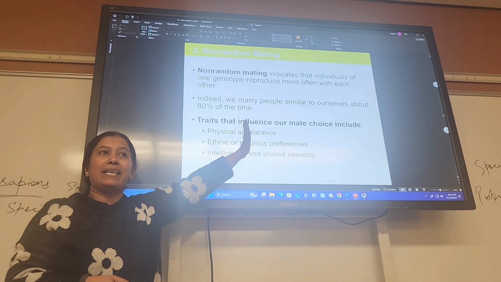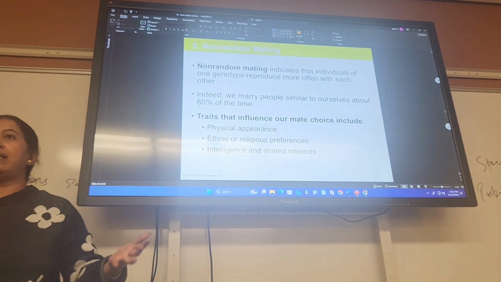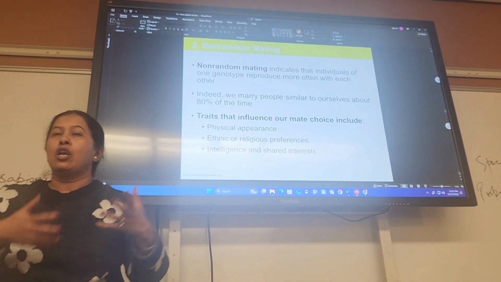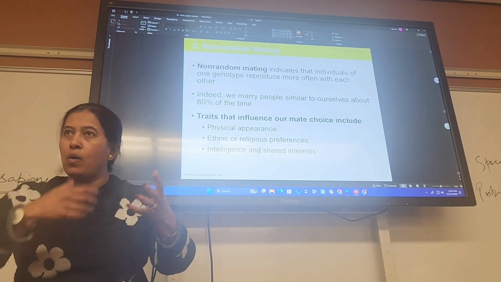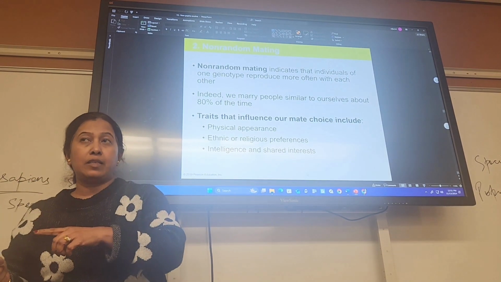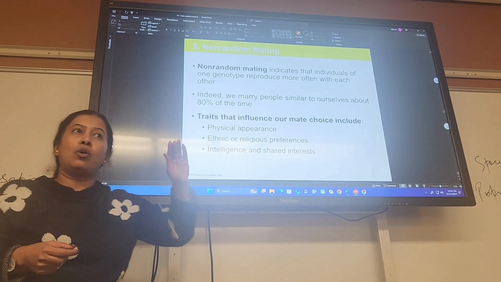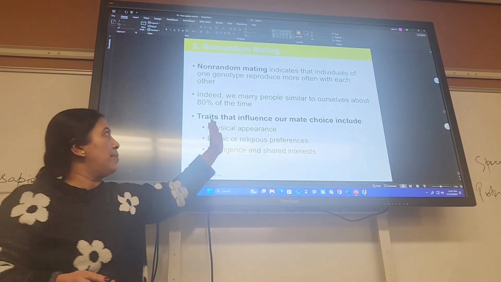So can mating be totally random even in the animal kingdom? I don't know if you've seen National Geographic or other videos. You see carnivores, lions and tigers and whatever. Do you see how the lioness is very careful in choosing the mate? Right? So human beings are one of the classic examples.